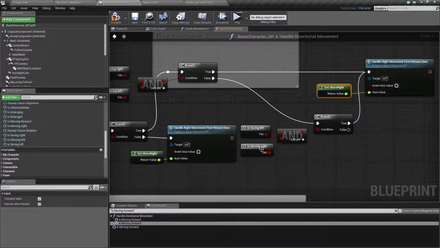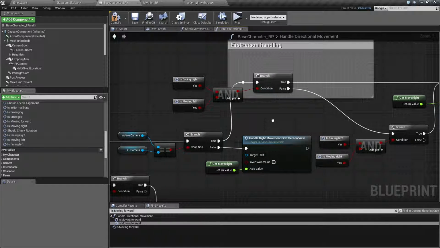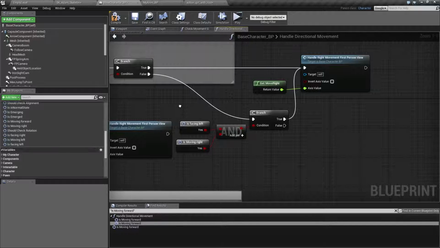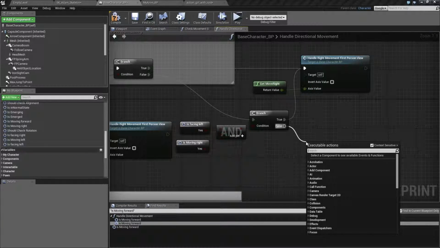So that's basically saying if we push any of the side moving buttons, then we're going to use the right. So this could definitely be simplified. I'm not going to do this, I'm just going to continue, otherwise I'm just going to waste time.